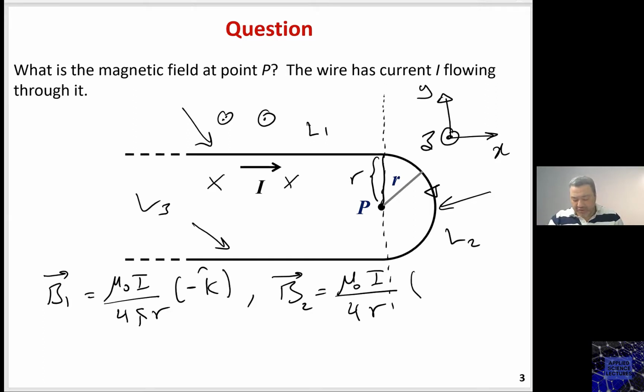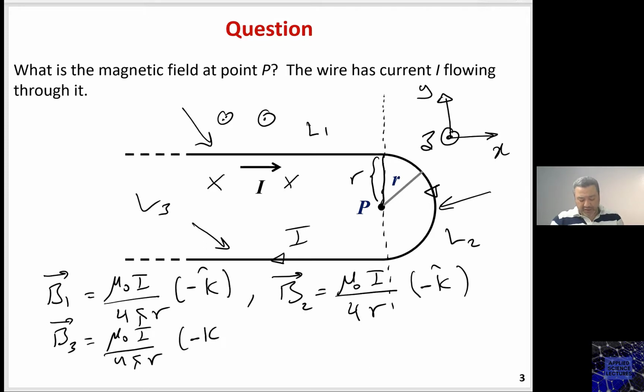So this one is also minus k hat. And now B3 would be also mu naught I divided by 4 pi r. And also, if you try the right hand rule, you will see that the magnetic field is pointing into the page.